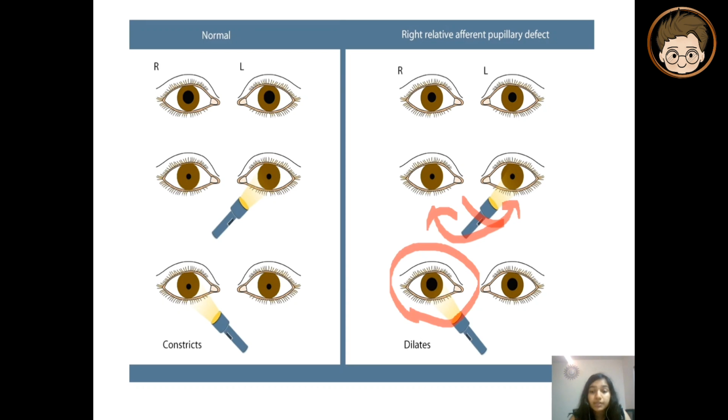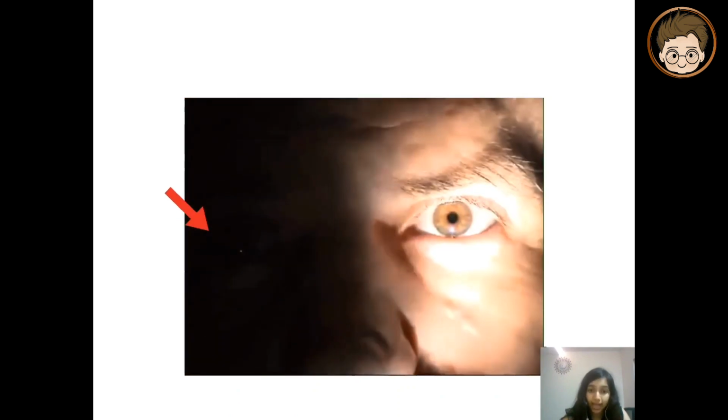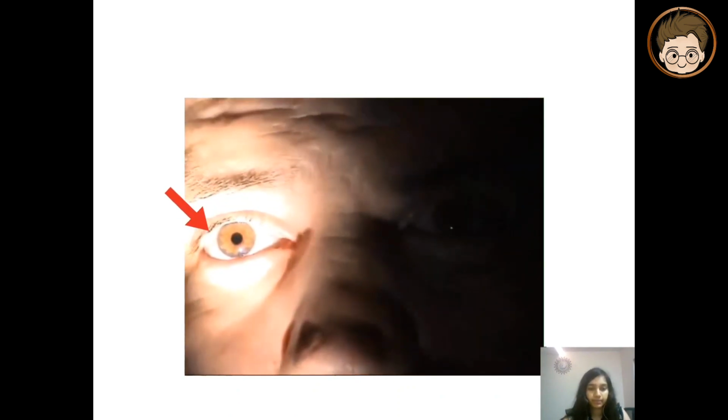and we can see that after this fatigue happens, the affected pupil will become dilated when we show light. Here you can see that when the torchlight is shown onto the affected eye it becomes dilated, and when it is shown onto the normal side, it becomes constricted.